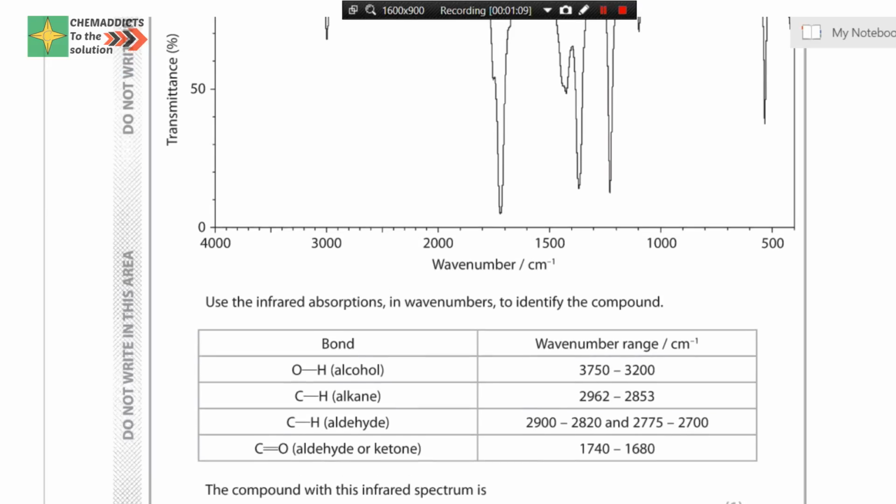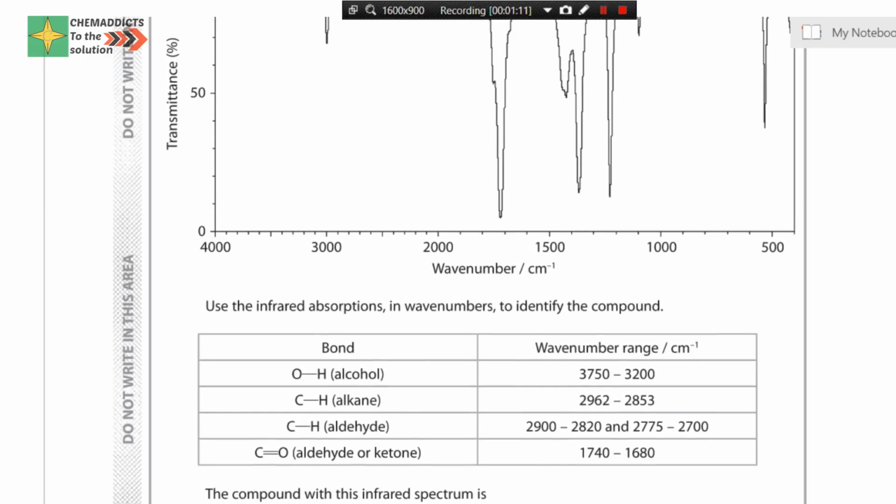So let us analyze the data. Here the type of bond is given. This is the hydroxyl group of alcohol, which has a wave number range between 3750 to 3200. This is the CH bond of alkane, which lies between 2962 and 2853.